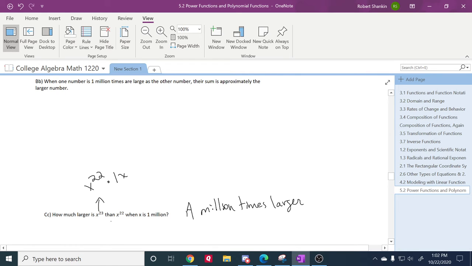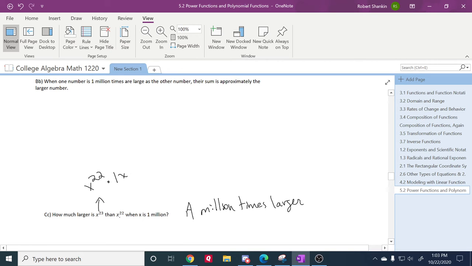So when x gets really big, even though x to the 23rd doesn't seem much bigger than x to the 22nd, it really is. That is going to be 1,000,000 times as big as that one.